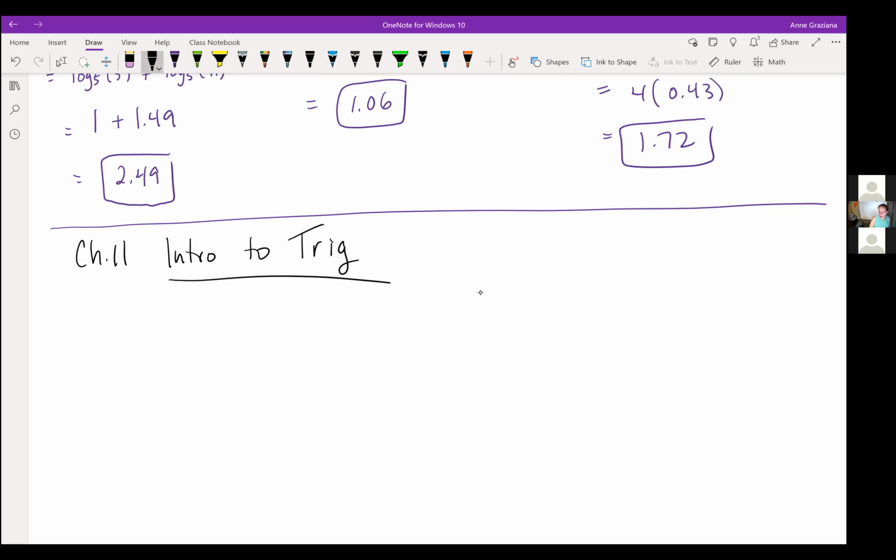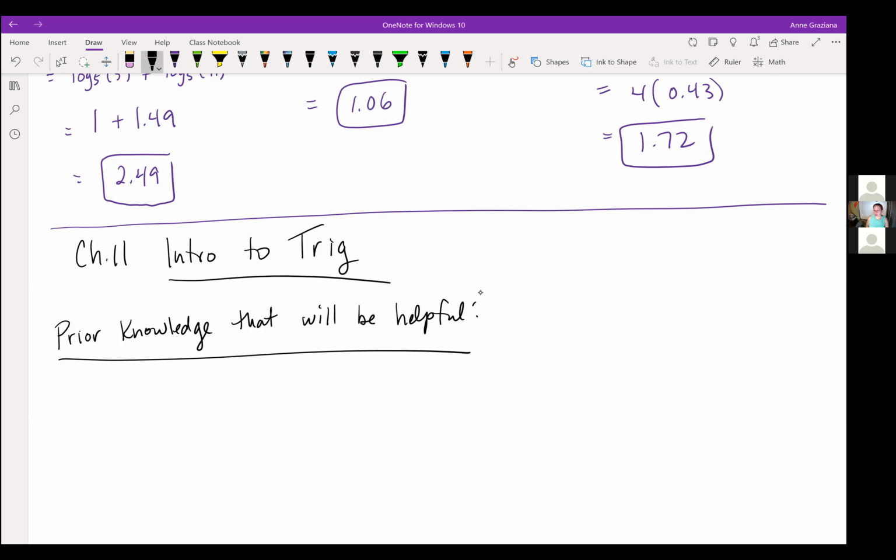Actually, before I dive in, I want to do some calculations with you guys. This is some prior knowledge that will be helpful, that I don't want to go over. I've never taught it like this, but let's see how it works.